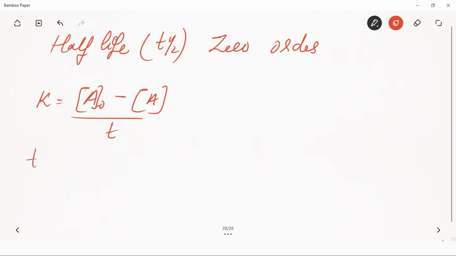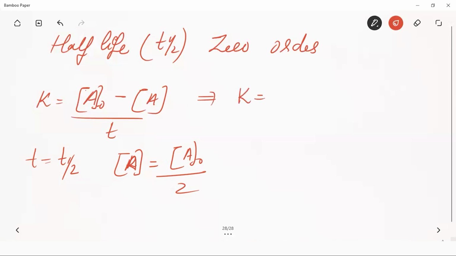So we know this is the integrated rate equation for the zero order reaction. When time is equal to T half, what will be the final concentration? It will be half of the initial concentration, so A is equal to A0 by 2. You can substitute this in this equation.